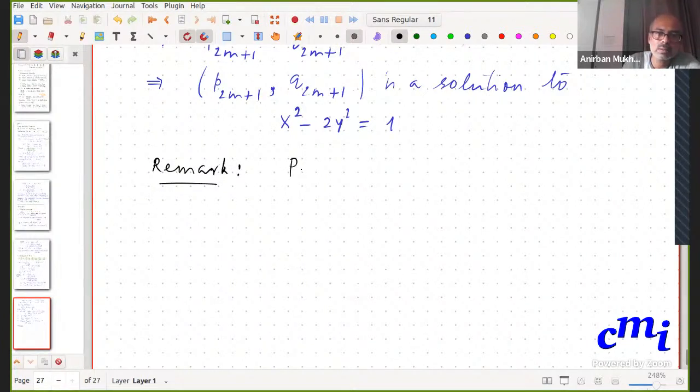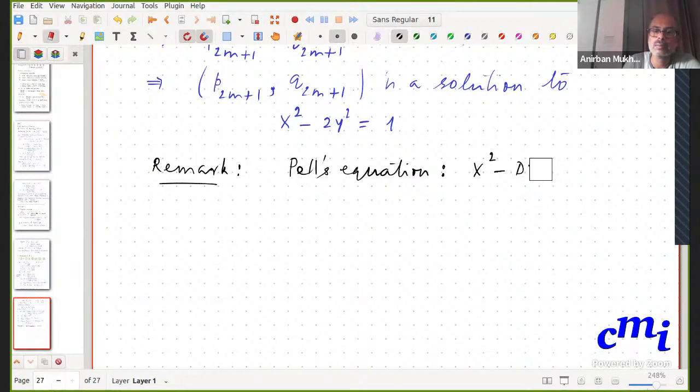These are usually known as Pell's equation, of this form: x square minus dy square equal to 1, and of course it needs to be solved in integers.